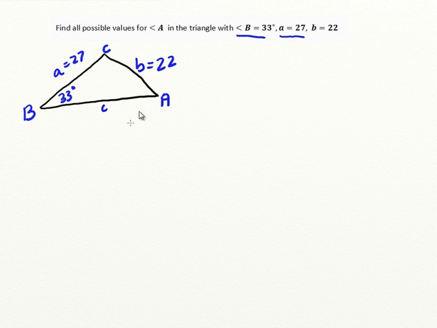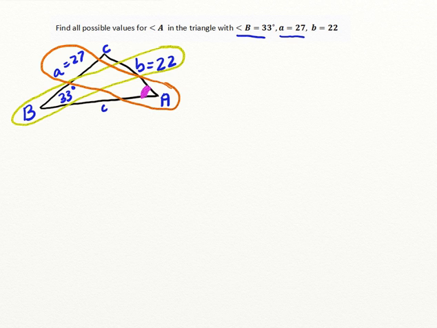Okay, so we need to solve for angle A, that is this measure in here, and we're going to use the sine law to do that. You can see that we do have a complete pair right here: an angle and its associated side. And the other pair that I'm going to use will be A and this side length here.